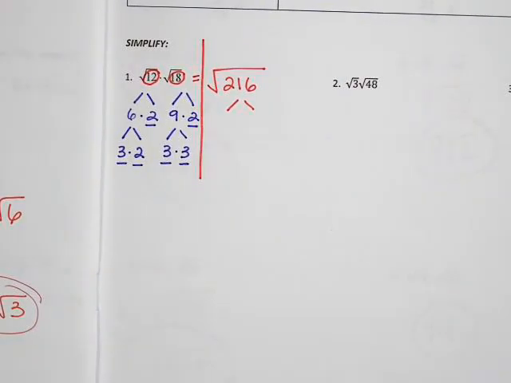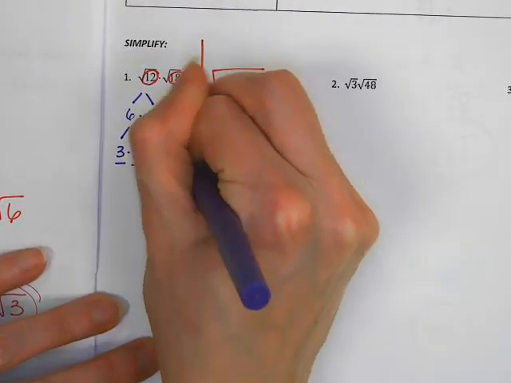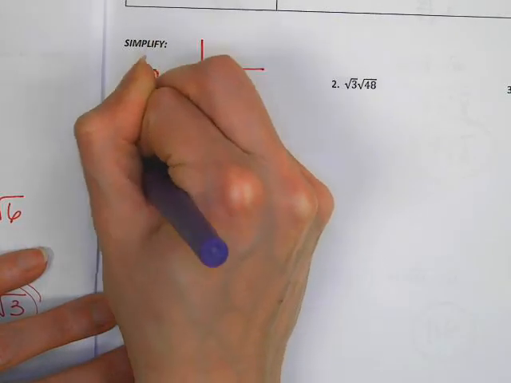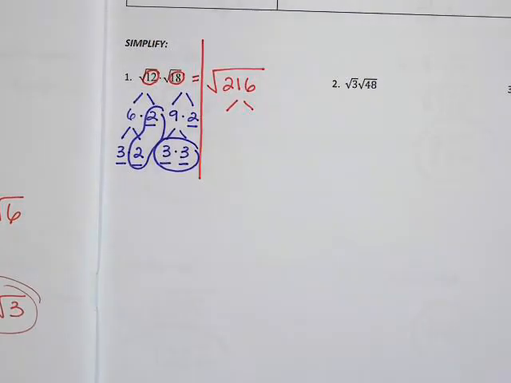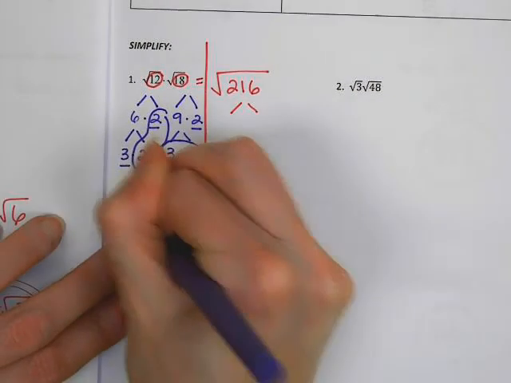So you do the individual trees, and then you pull out any pairs. But the pair can come from anywhere, from either part. So I see a pair of 3s, and I see a pair of 2s. That's it. So 2 times 3 is 6 comes out.